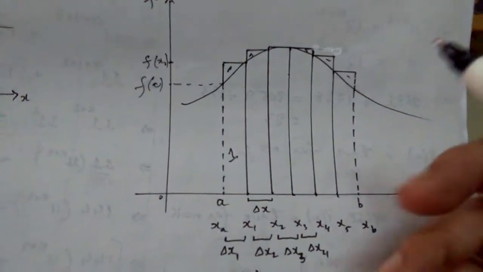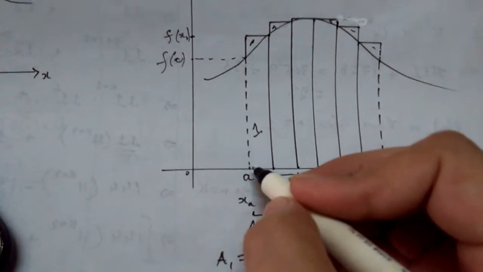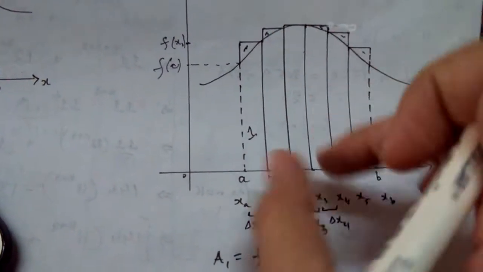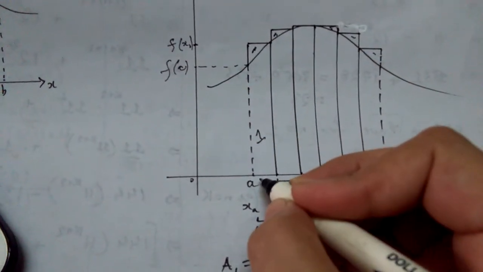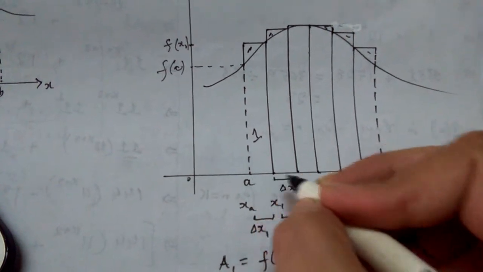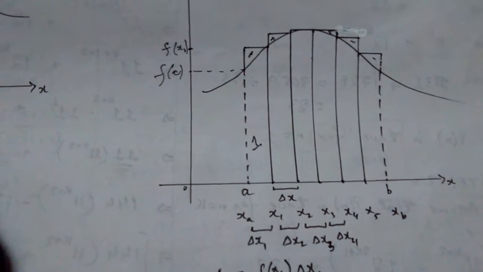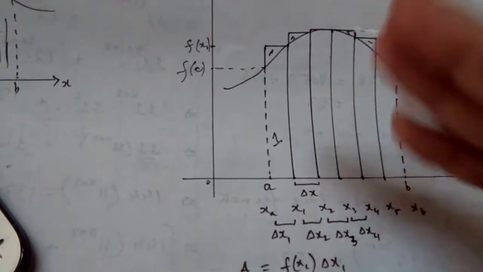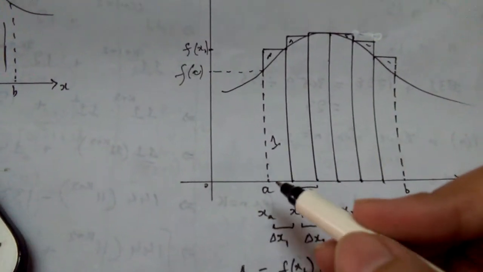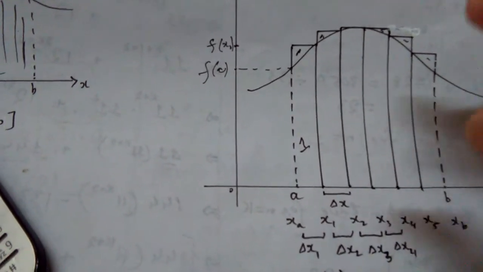So what should I do? I have a solution to minimize this error and ignore these extra regions. What is that? I divide the region under the curve within this interval into rectangles having width del x much smaller than what I have presently. So I minimize the width of the rectangles, which means I increase the number of rectangles.